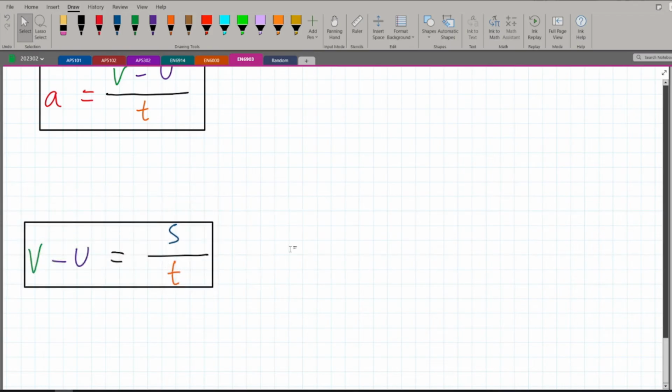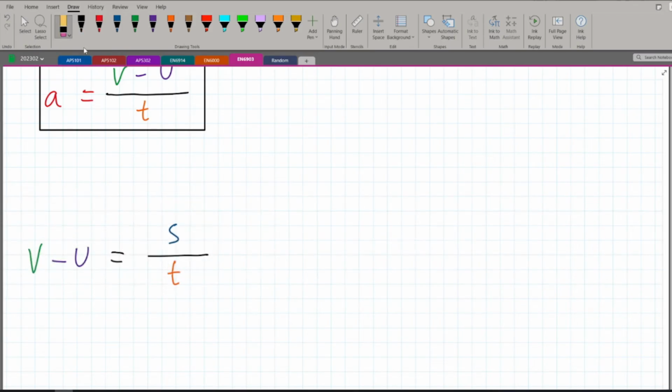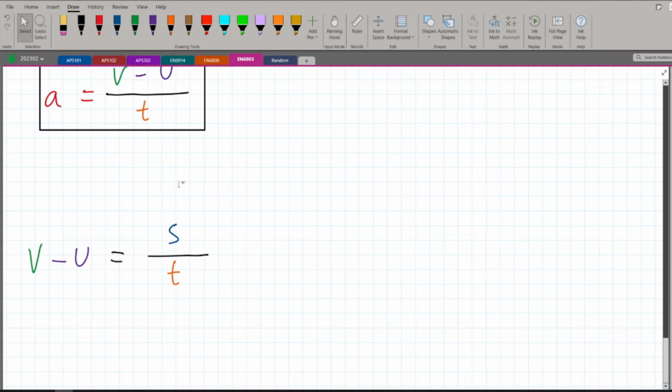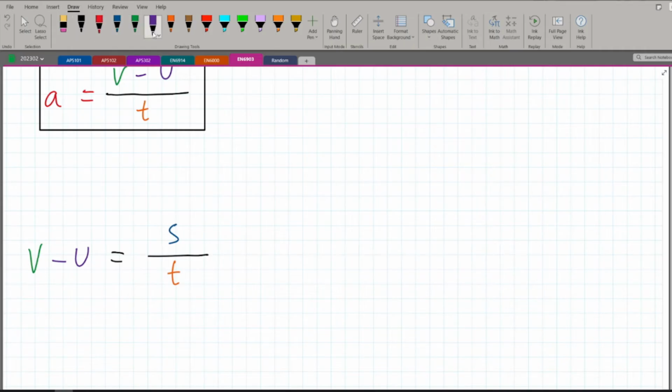This equation over here. Okay? If we look at this equation, we will notice that we can just take this u to the other side. All right? So one way of doing this, we can get an equation for final velocity.